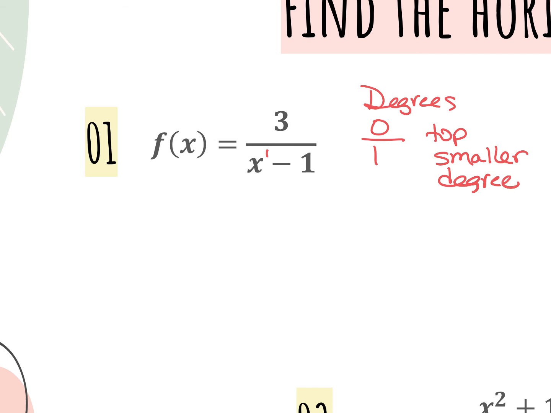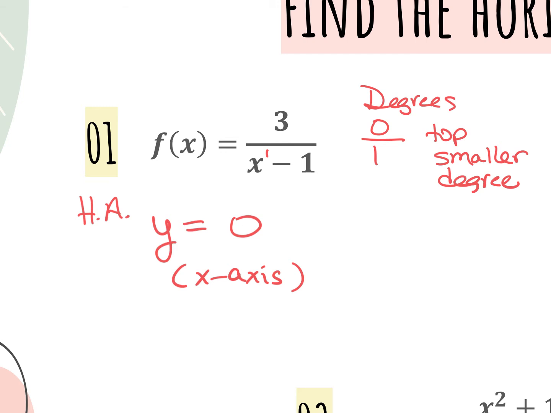When the top has the smaller degree, all we have to memorize is the horizontal asymptote is y equals 0. So when the top is the smaller degree, you would just write y equals 0. And again, remember, this is going to be the x-axis when we start graphing these. Right now, we're not graphing. We're just finding the location of the horizontal asymptote.